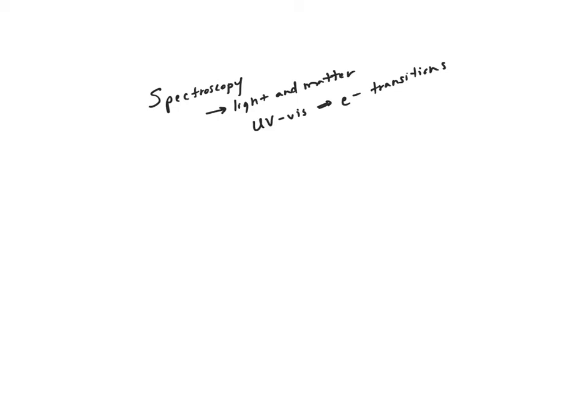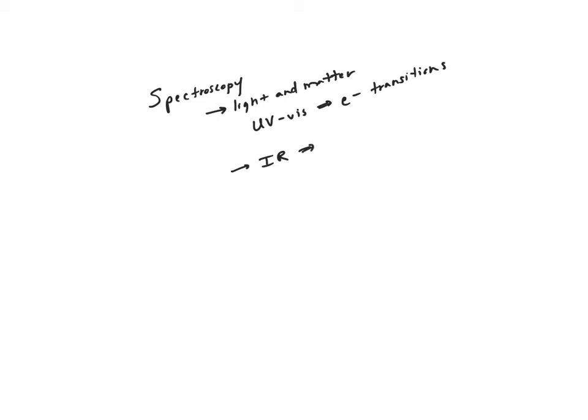Now, when we talked last week, we weren't talking about UV visible spectroscopy. Instead, we were dealing with something called IR spectroscopy, right? And so what did IR stand for? It's not ultraviolet, it's not visible. What type of light is it instead? Infrared, right?